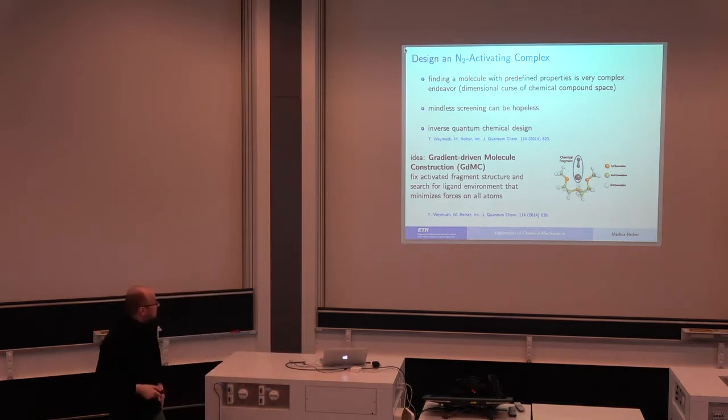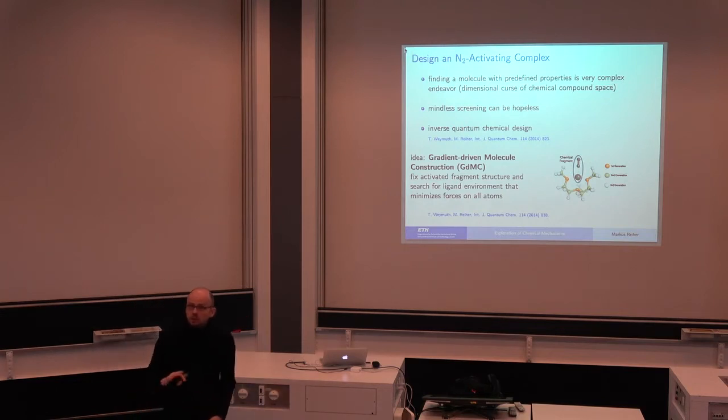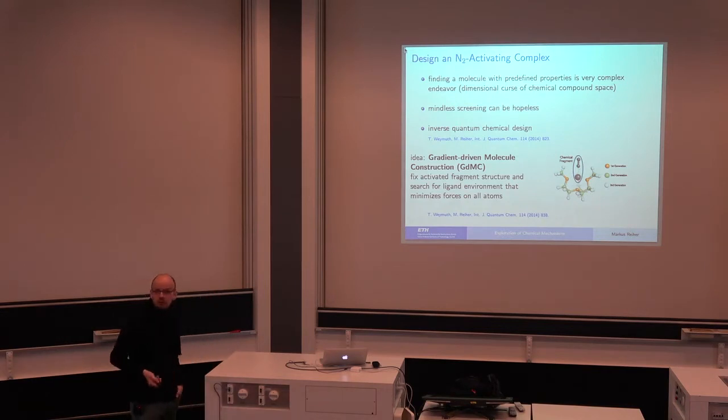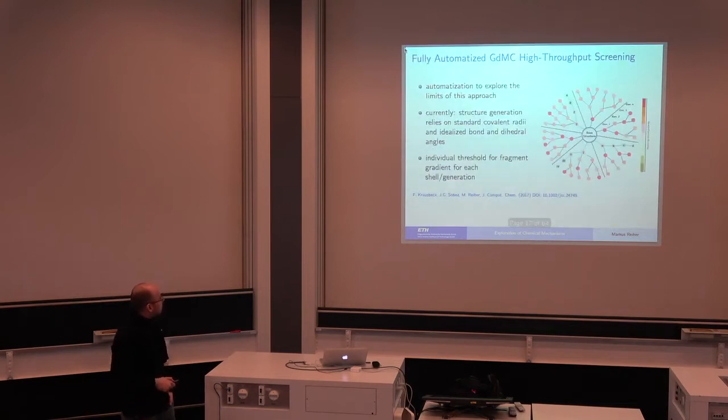And of course, you want to have the binding energy sufficiently large. What you also want to do is you want to achieve that all forces on all the atoms basically vanish. And so that's kind of the scoring function for the search of molecular scaffolds. That's something that we implemented in an automated way, and we can now search chemical space for scaffolds that support the stabilization of a certain molecular fragment.